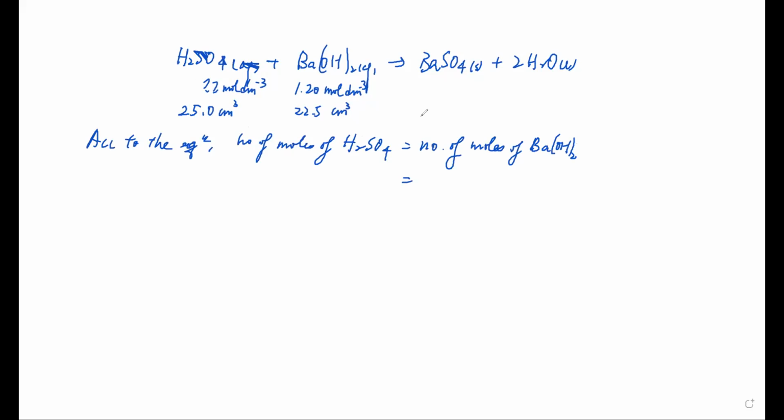You calculate this: 1.20 mole per dm cube times 22.5 times 10 to the power minus 3 dm cube. The number of moles of H2SO4, you will calculate it as 0.0270.